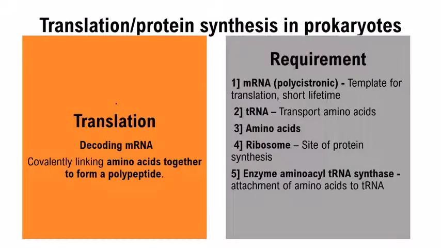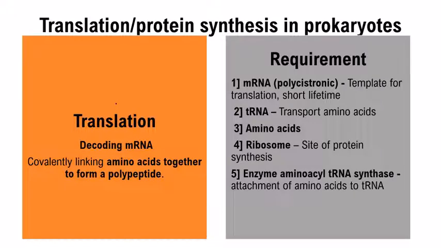The translation or protein synthesis mechanism within the prokaryotes is nothing but the decoding of mRNA. The codons that are present on an mRNA molecule provide the information of the type of amino acids that are to be brought to the site of protein synthesis. These amino acids are linked together by peptide bond to form a protein or a polypeptide.